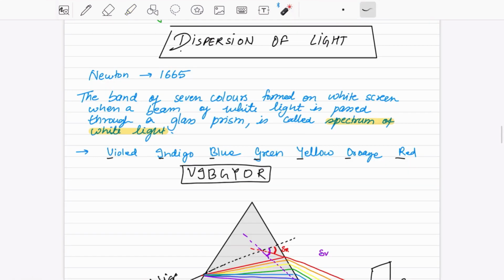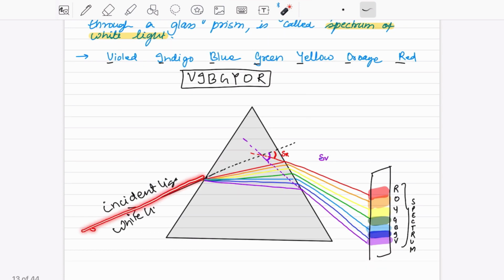Yes. So in 1665, Newton performed this experiment in which he made the white light incident. Similarly, the slit was there, sunlight was coming, and he made the light incident. To his surprise, he saw that this white light is splitting into 7 colors. Okay.